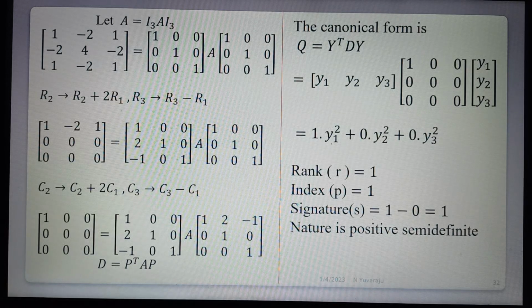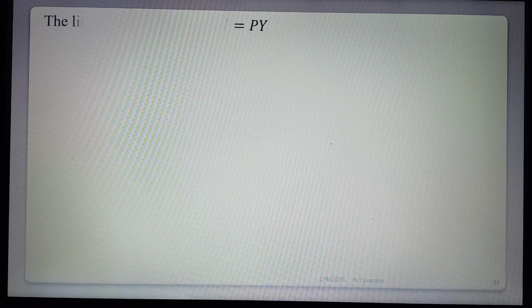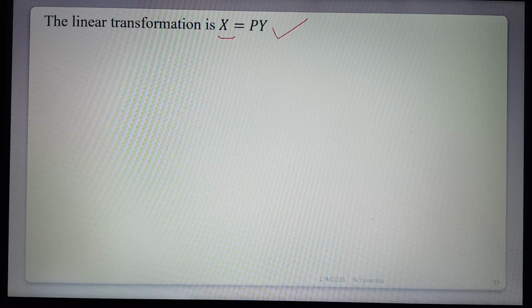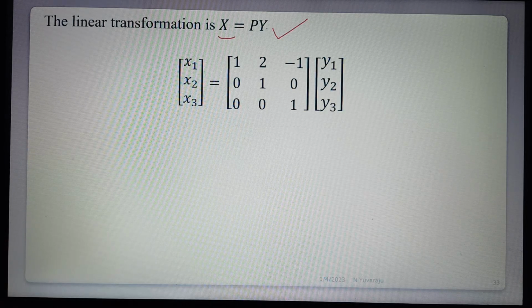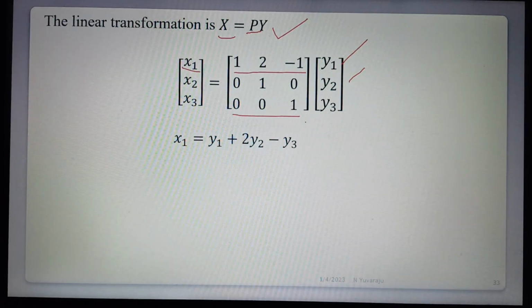Next, finding the linear transformation. What is the linear transformation? X equal to PY is the linear transformation. X is the given matrix of unknowns, P is the matrix already found, and Y is the matrix of new variables. So x1 is the first row into the column matrix: x1 equals y1 plus 2y2 minus y3.